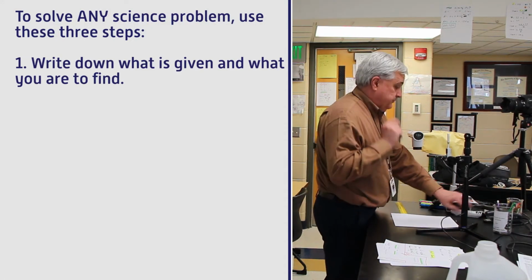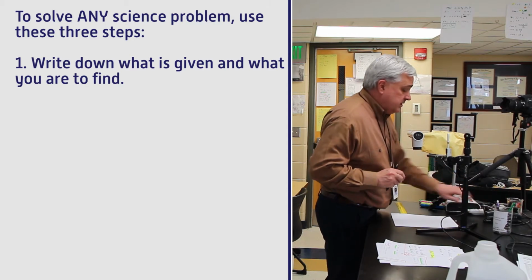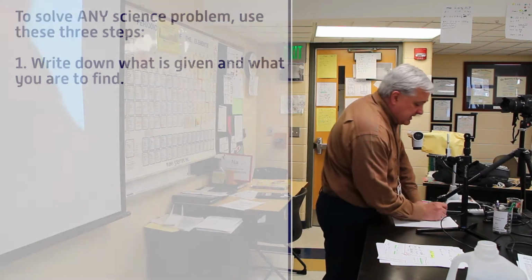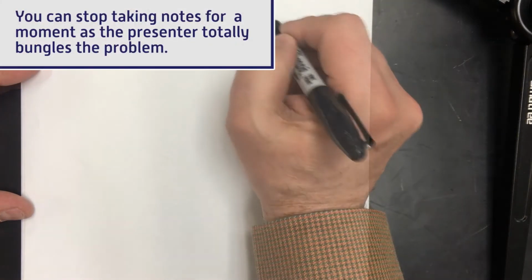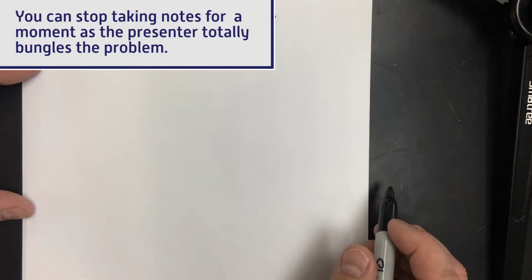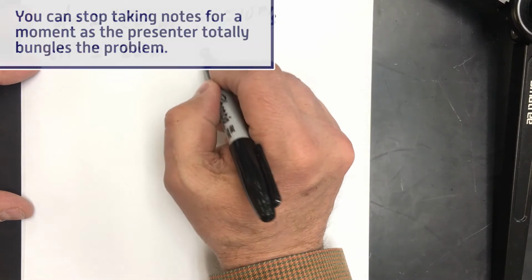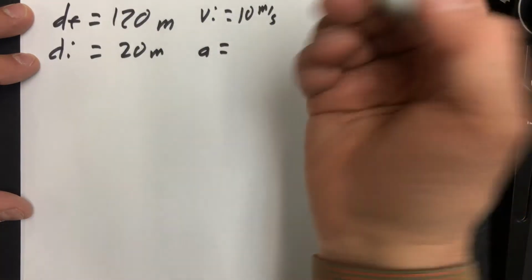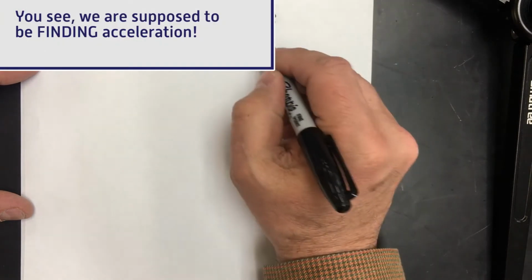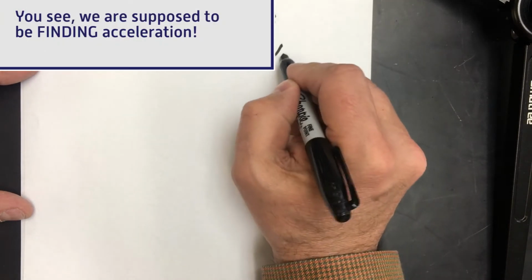So we're going to contrive some numbers. I'm going to say the final distance, meters per second, and we will say that the rate of acceleration is 5 meters per second.